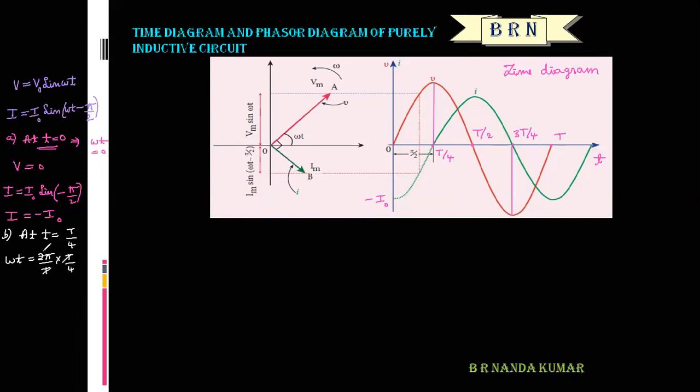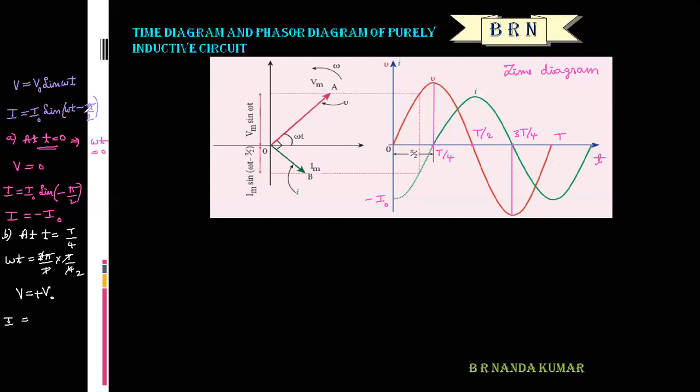So T cancels, 2 over 4 is 1 over 2. So omega t is pi by 2. So what is the voltage? V naught sine pi by 2. Sine pi by 2 is 1. So V naught is maximum. Okay. The current I is equal to I naught sine of pi by 2 minus pi by 2.